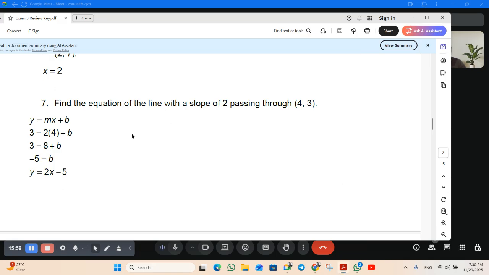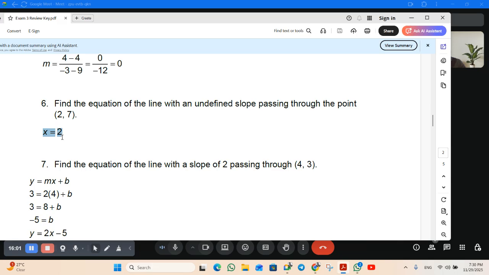That's it. It's as easy as that. That's why in this question they gave you a response of x equals 2. x equals 2 is a line that passes through the coordinate 2, and it has no slope.